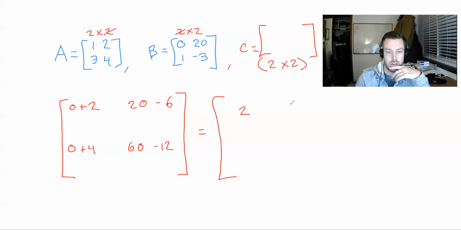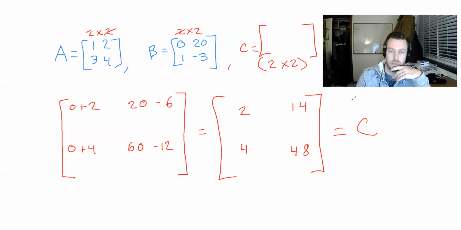That's filling out perfectly. So 20 minus 6 is 14, right? 0 plus 4 is 4. 60 minus 12, I'm not that great at math. So 60 minus 10 is just 50. It's going to be 48. Cool. So this is going to be equal to C, right? Good stuff.